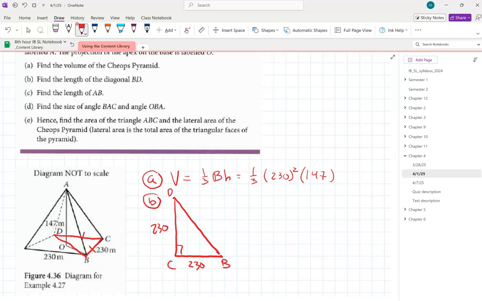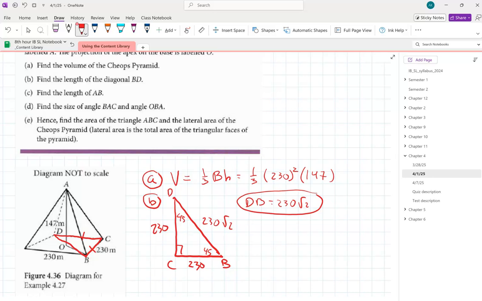You could do the Pythagorean theorem, or you could recognize that this is a 45, 45, 90 triangle, so this side is 230 root 2. Again, you could use the Pythagorean theorem if you wanted to. I just used the special right triangles.